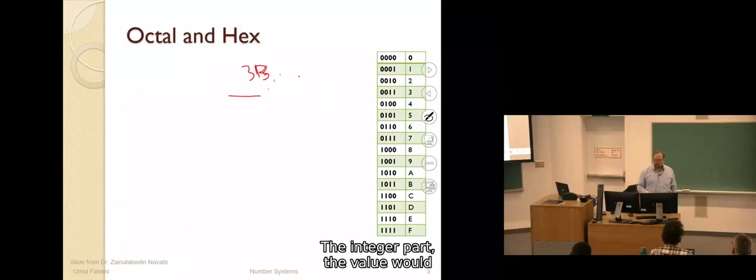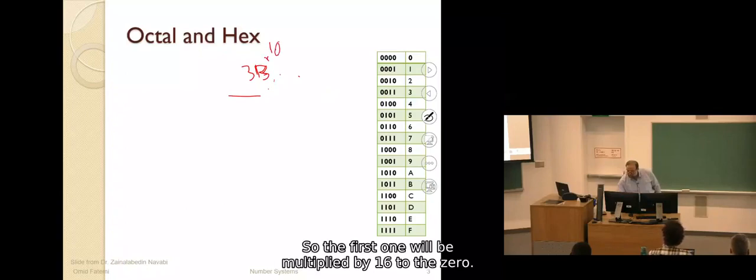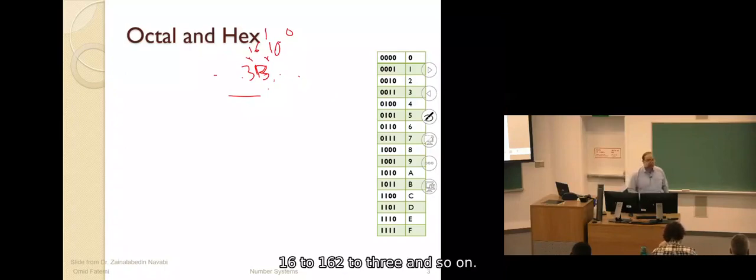The integer part, the value would be weighted by the power of 16. So the first one will be multiplied by 16 to the 0. The next one would be 16 to the 1, and so on. 16 to the 2, 16 to the 3, and so on.